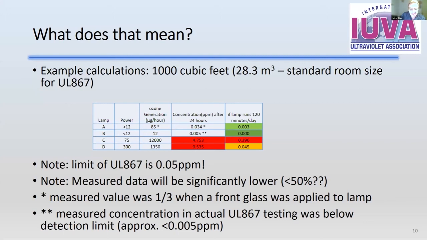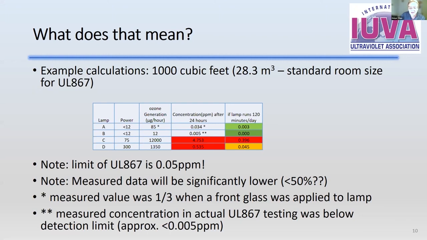And also we have one other data point. If you take lamp A and put just a quartz window in front of the lamp, the ozone generation drops by two thirds very quickly. So there are simple ways to lower the ozone emittance into a room, but these data also show you must do your homework.